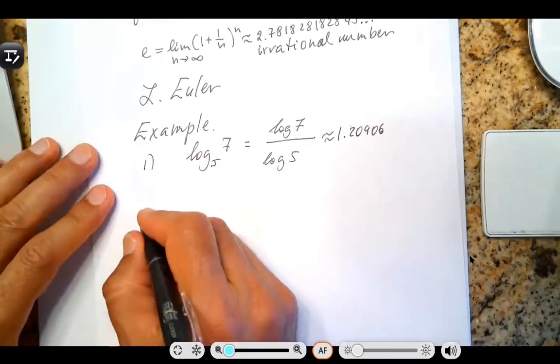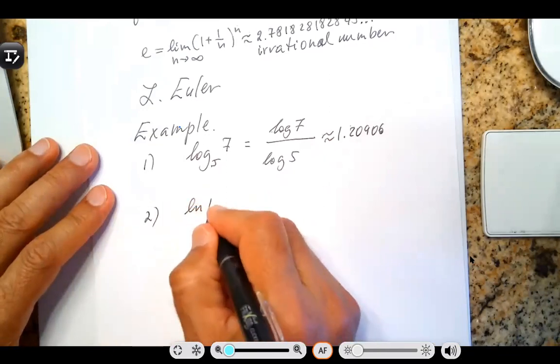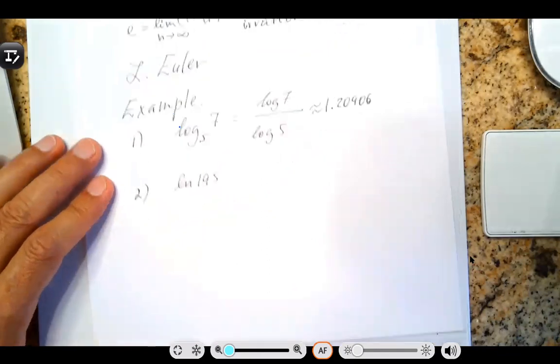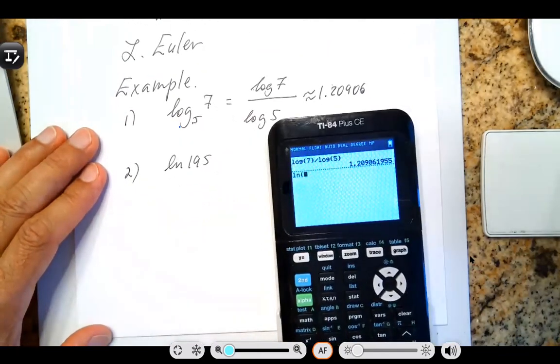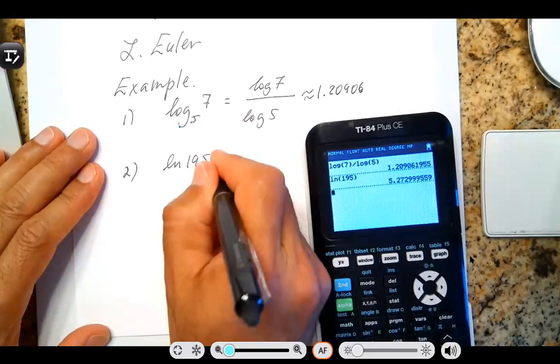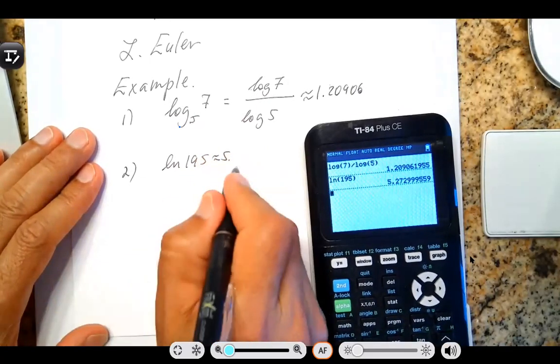Let's do another one. ln 195. Here it is, ln. It's built in your calculator. ln 195 is 5.273.